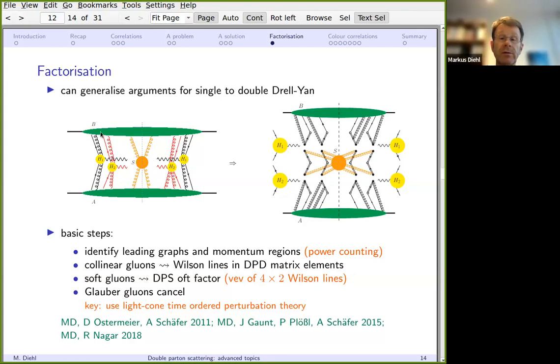Do these exchanges still cancel if you have two hard scatters? The key technically to showing that was to use not Feynman covariant perturbation theory, but light cone time ordered perturbation theory, which incidentally is also the most elegant way to show the same kind of Glauber gluon cancellations for single parton scattering. So that's the wrap up of a long story.